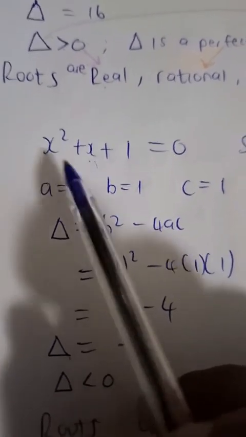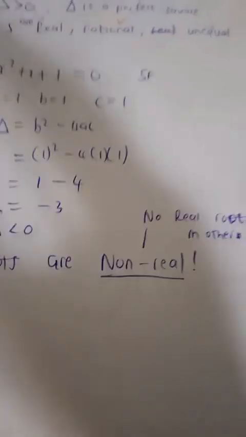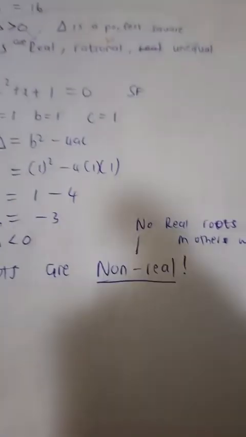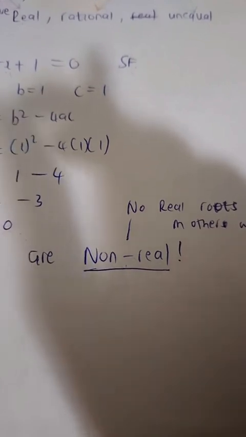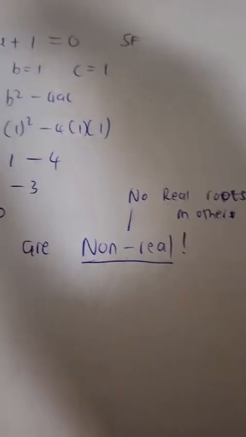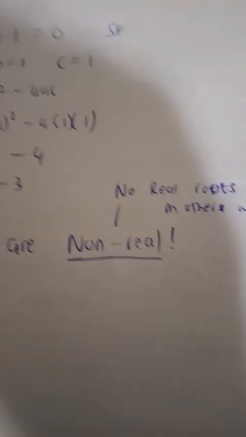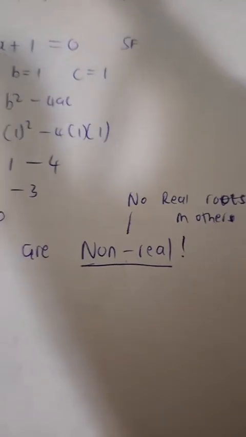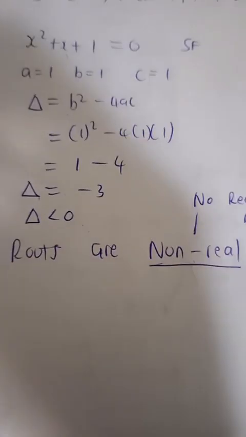In other words, if there are no solutions, if there are no x values, how can we possibly go ahead and say something about something that does not exist? It's not there. We can't say they are unequal or equal, because remember, these are roots that do not exist. They are imaginary.